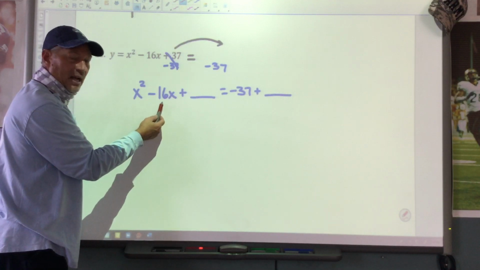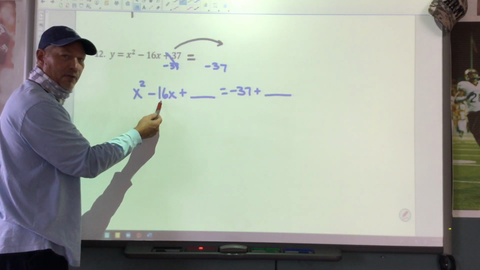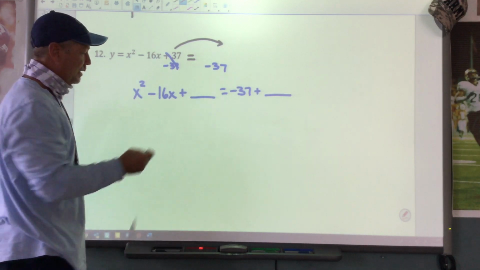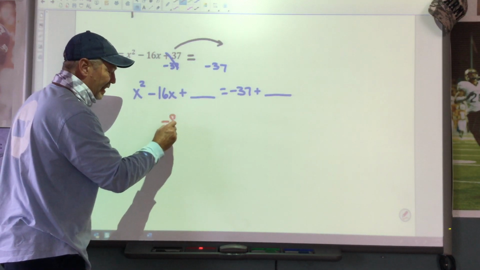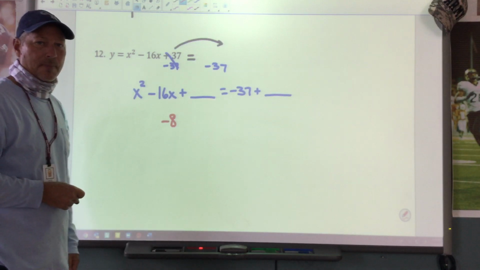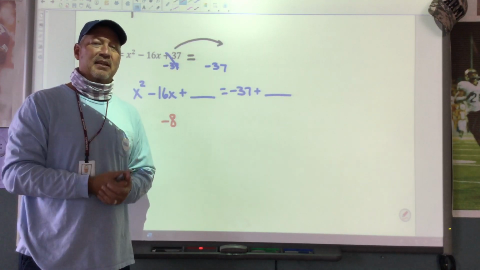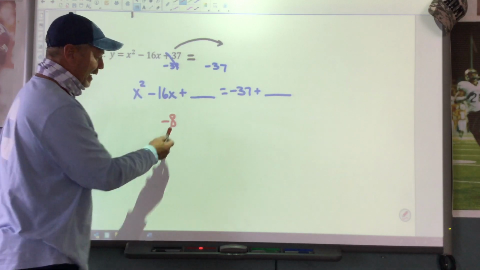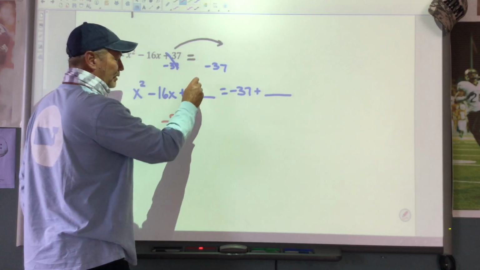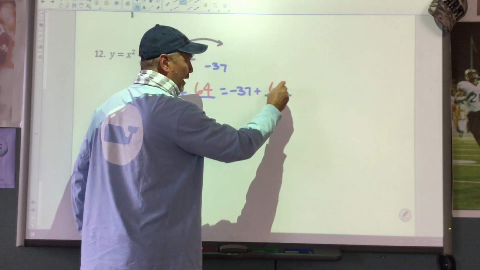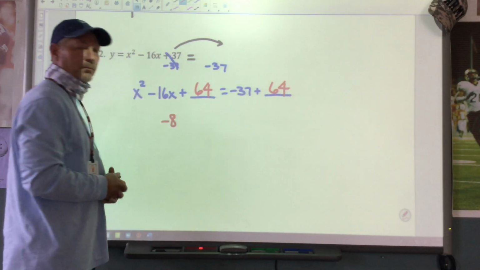Now, how do we fill the blank? This is my B value. We need to take half of this. What is half of negative 16? Negative 8. That is half of it. But I need to square it. And a negative times a negative is a positive. So negative 8 times negative 8 is a positive 64. Whatever I put on one side, I will put on the other.